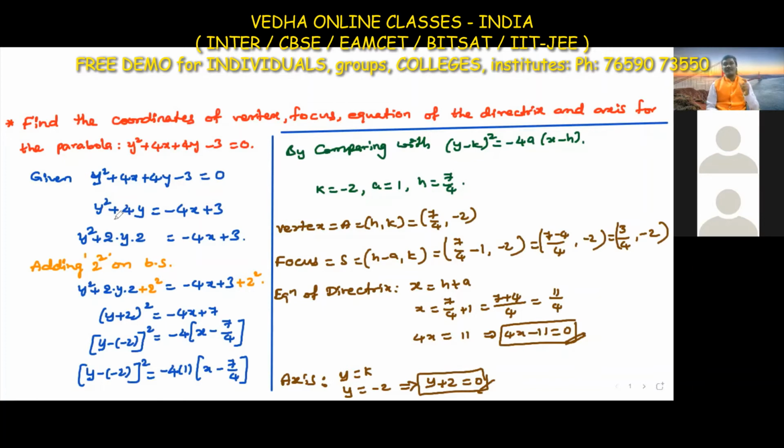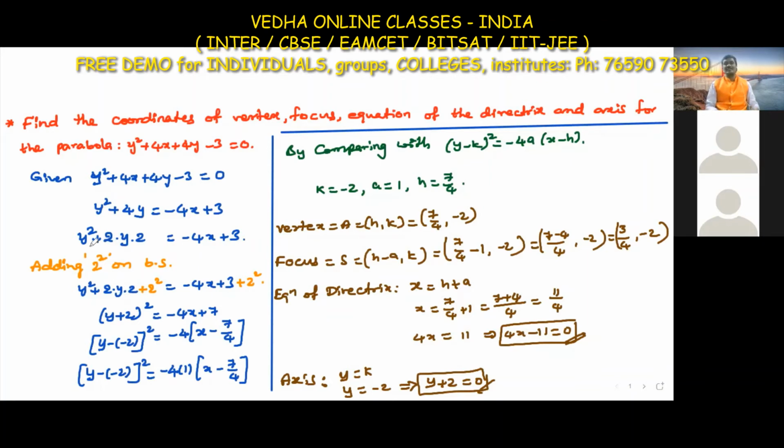Okay, so after that, the next step is y square plus 4y. This y square plus 4y, I am writing as y square plus 2 into y into 2. Means we are trying to convert this left side part into the a plus b whole square or a minus b whole square formula.